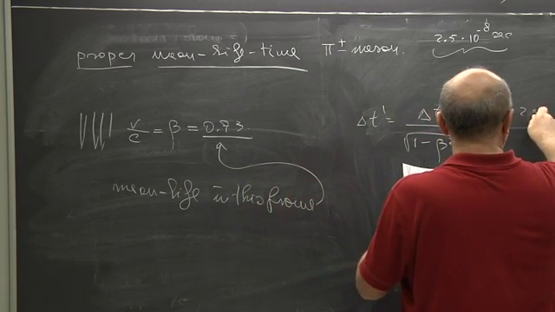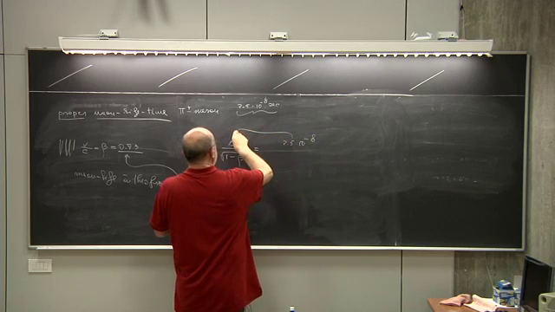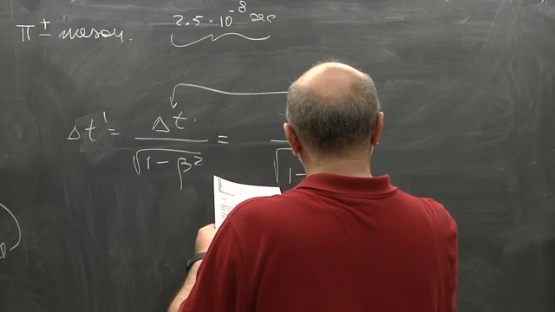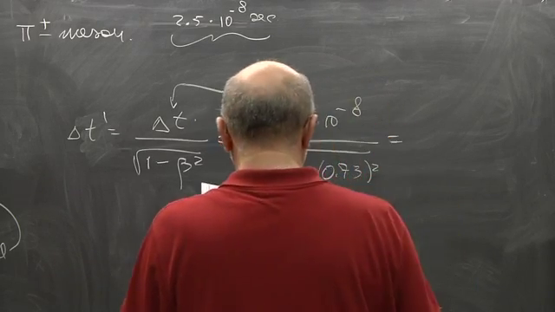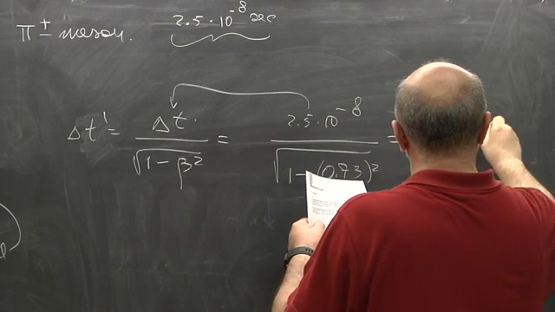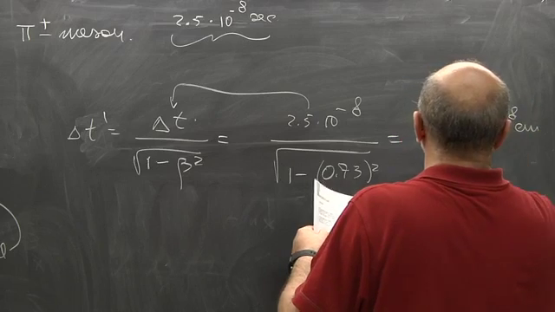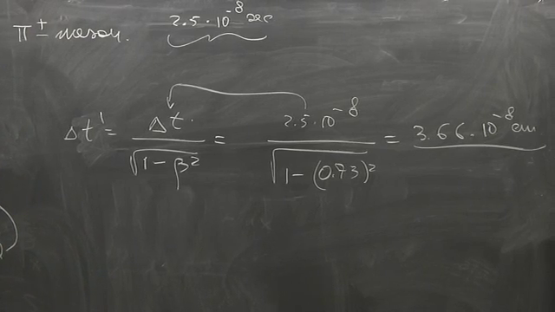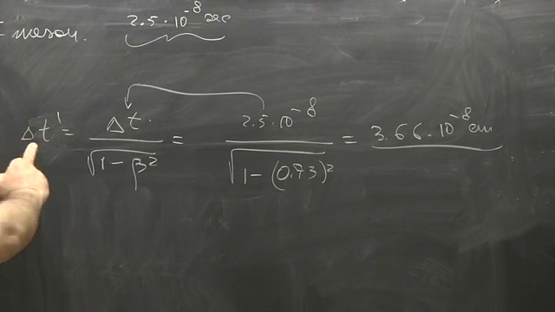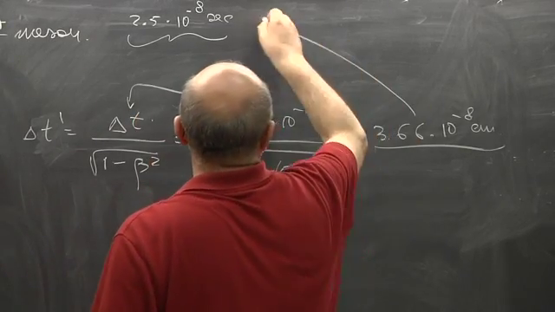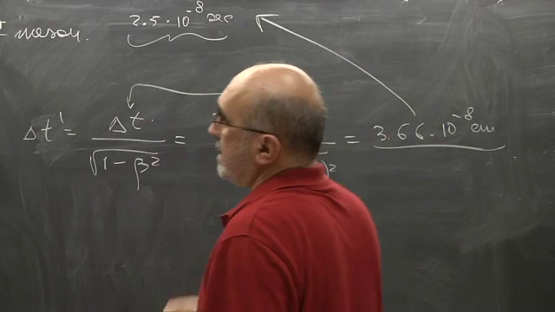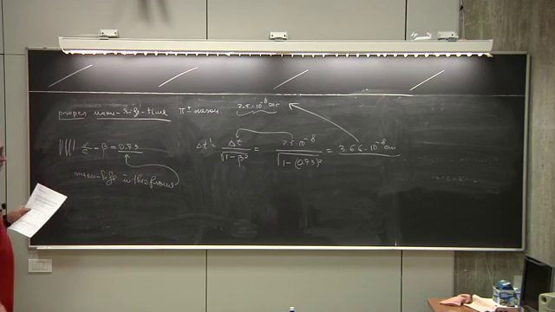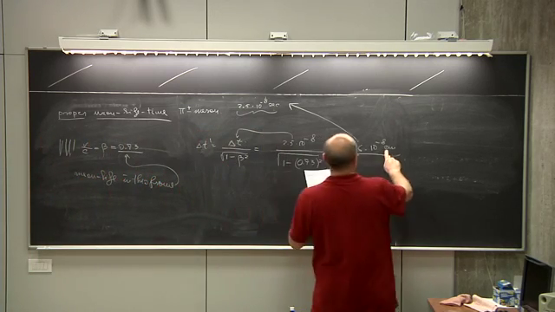So you insert 2.5 times 10 to the minus 8, divided by the square root of 1 minus 0.73 squared. You do this calculation, and you get 3.66 times 10 to the minus 8 seconds. So a burst of particles seems to have a longer mean life. This delta t prime is bigger, longer than the proper one, okay?